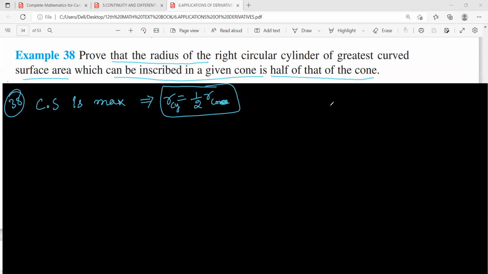So like this, now we can draw a right circular cylinder, and drawing this, I inscribe it inside. Like this I put. We can put many, but we want the maximum one.